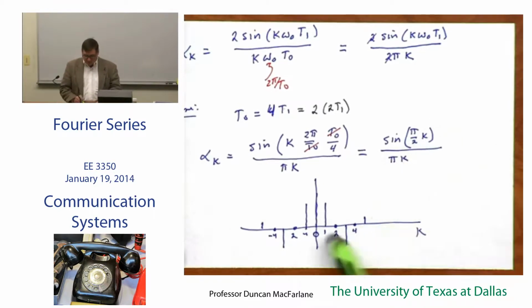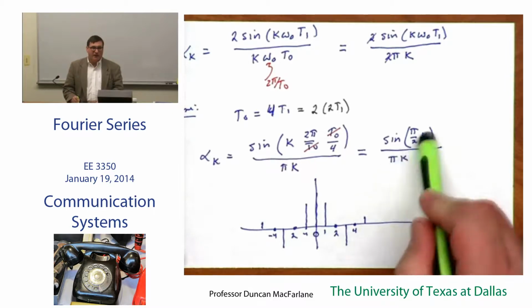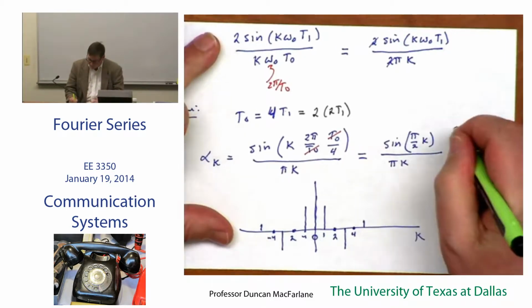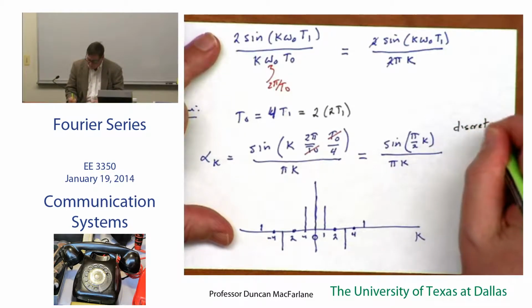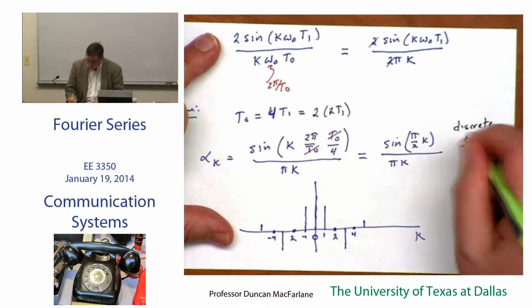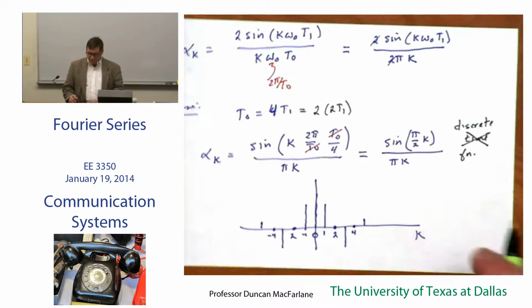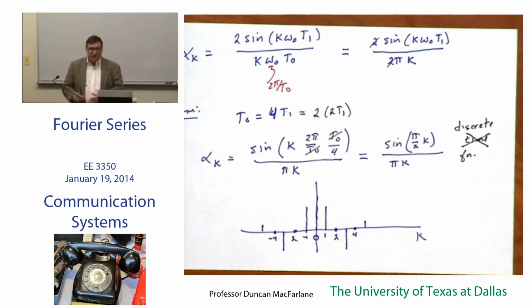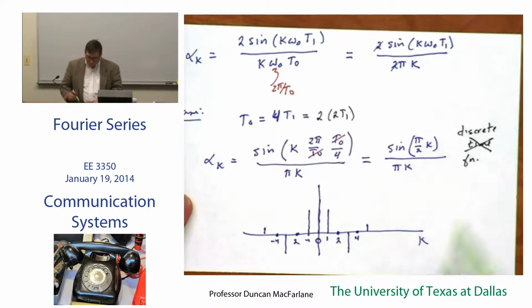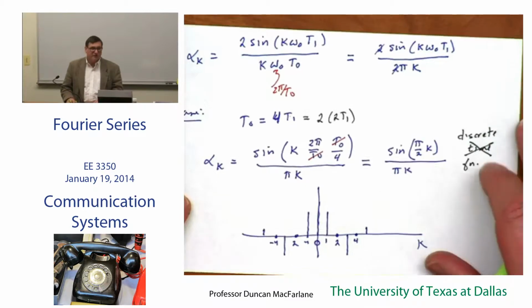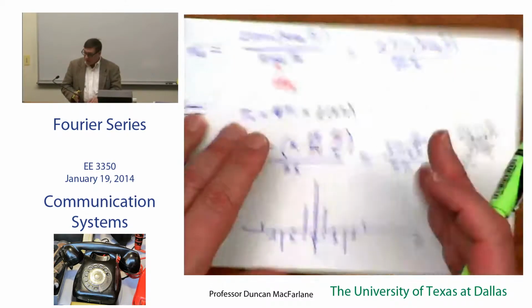It only exists at certain integer values of k. So this is a discrete, I'll write time, but then I'll cross it out, function. So a continuous time function using the Fourier series gives me a discrete representation in the frequency space.